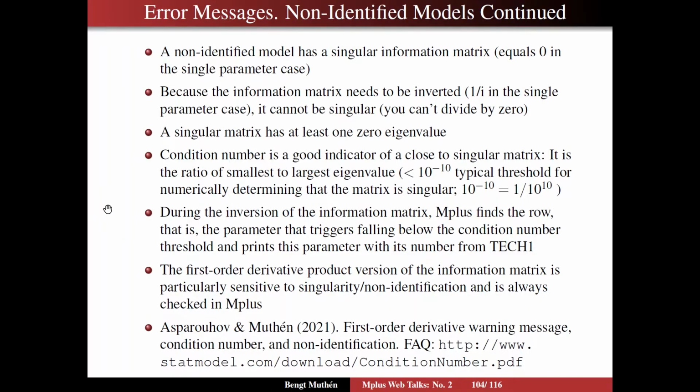During the inversion of this information matrix, or attempt to invert the information matrix, Mplus actually finds the row, that is the parameter, that triggers falling below this condition number threshold. And it prints this parameter with its parameter number that corresponds to the numbers in Tech 1.